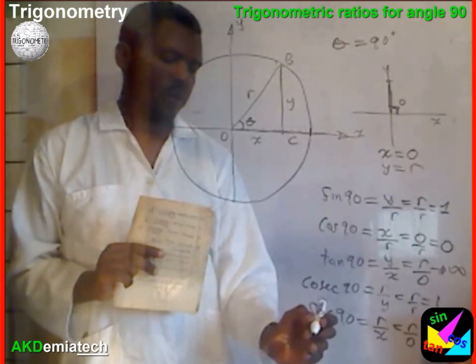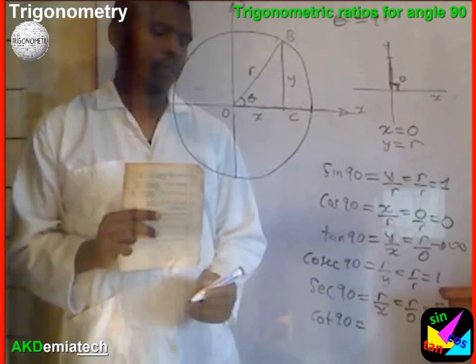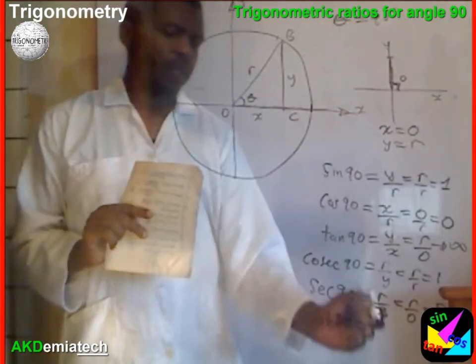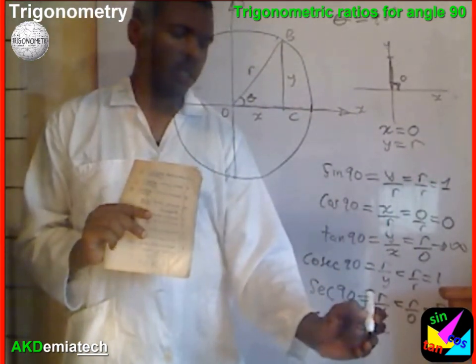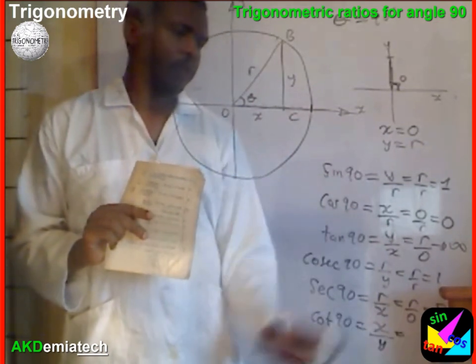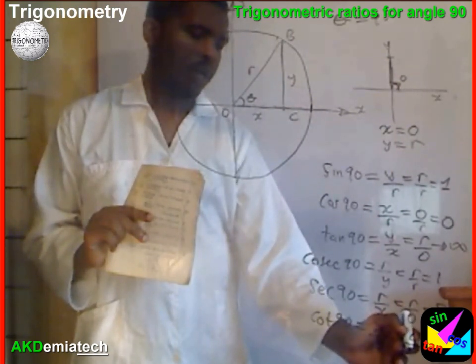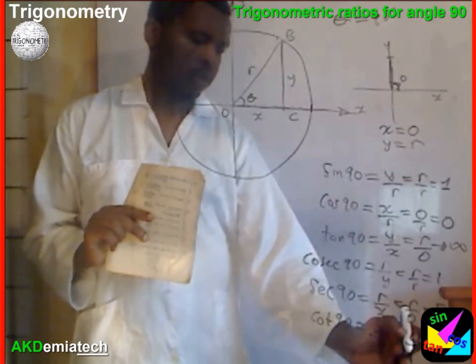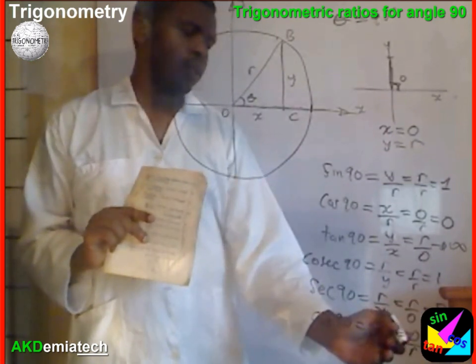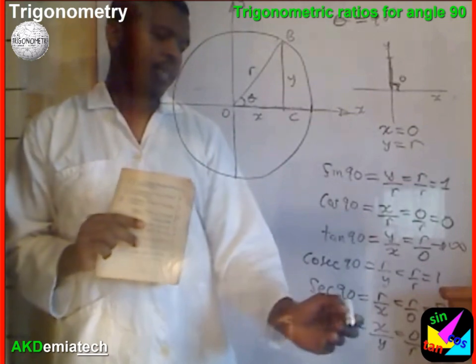Now, cot 90 is equal to adjacent, which is x, all over opposite, which is y. And x is 0 and y is r. So 0 all over r is equal to 0. Cot 90 is equal to 0.